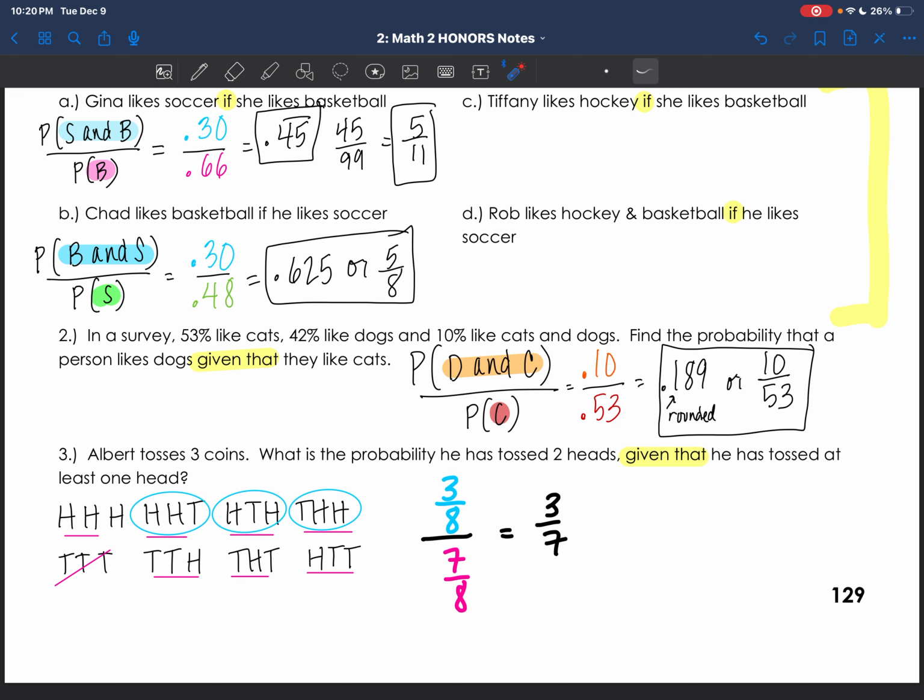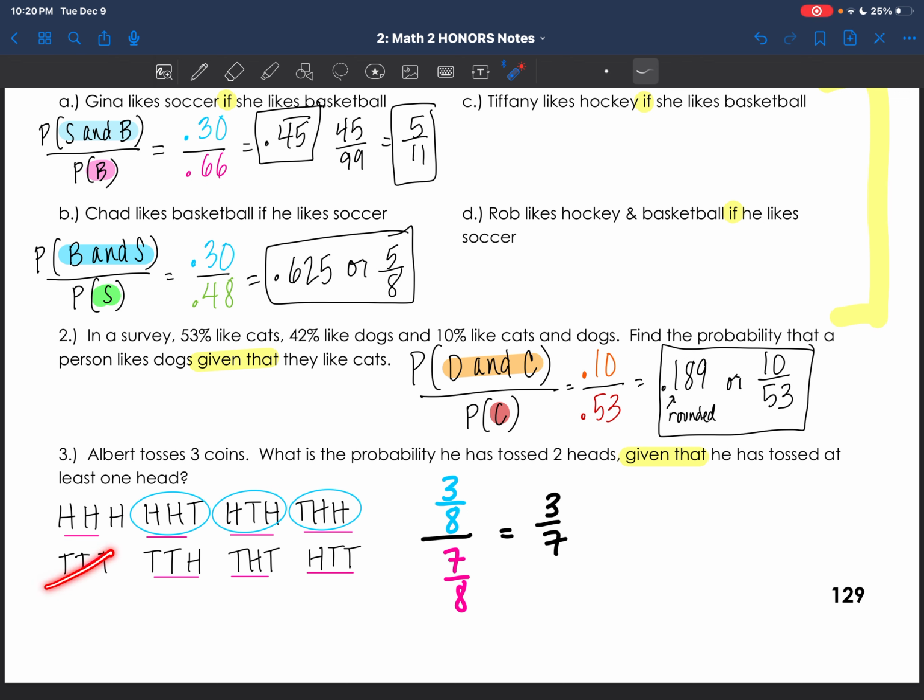All right, so we need the probability that he tossed 2 heads. And so in this case, I got 1, 2. So these 3 options out of 8 total, we're going to divide that by at least 1 head.